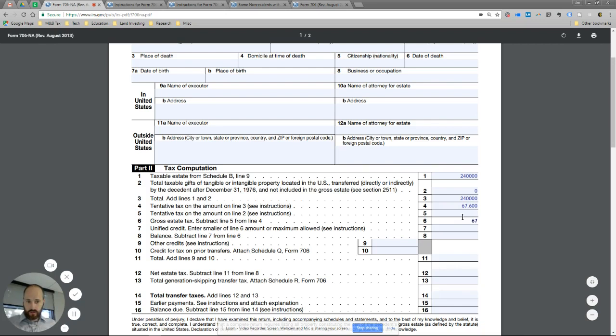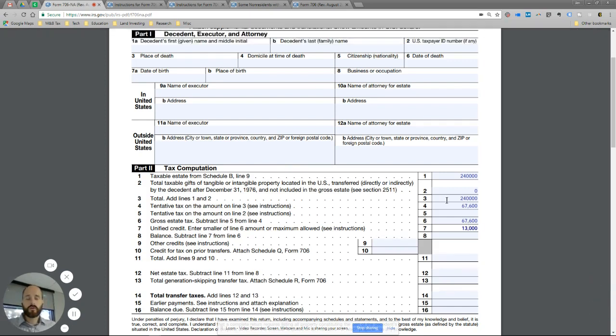Unfortunately, that's kind of a lot. Gross estate tax, 67,600. You can see it on line 5. They calculate tax on line 2, and then you net it, because you already paid estate taxes on this amount. The unified credit is 13,000 for most non-residents. If you were a resident for a portion, we'll get over that.